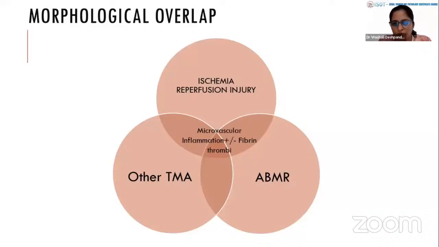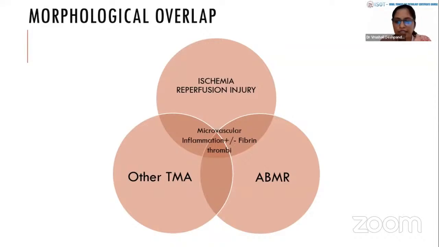For the interpretation of such a morphological picture, we have to take into consideration the clinical background. If the situation was one with prolonged warm and cold ischemia time, like deceased donation, then we can think of prominent ischemia reperfusion injury. In a situation with pre-transplant immunological workup positive for some DSA and C4d positivity, we can attribute that microvascular inflammation to humoral injury to the graft.